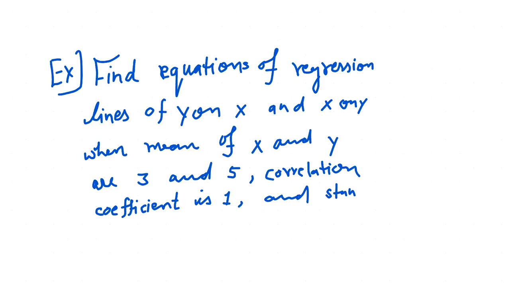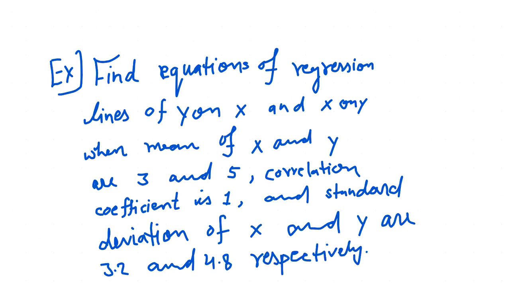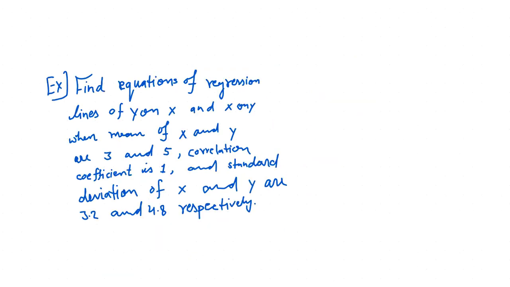I'm taking the same values, and the standard deviation of x and y are 3.2 and 4.8 respectively. We have these values and we need to find the regression equations.